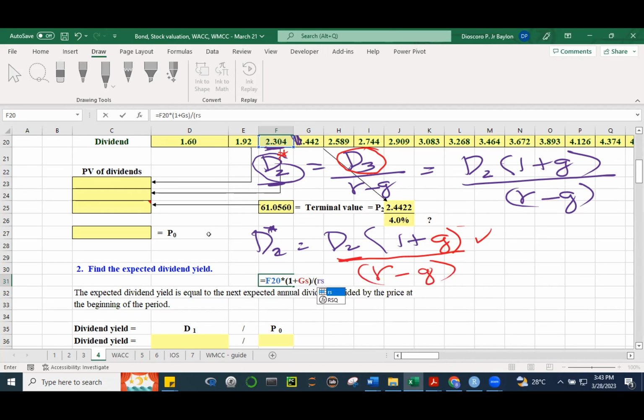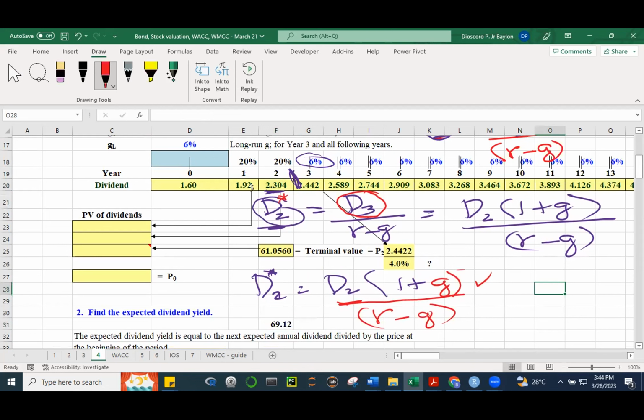R sub S, okay, minus, ano yung G dito? Yung constant growth rate, which is G or GL. Okay? That's your GL. That's your constant growth rate. Okay? Control Enter. So I'm now able to, okay, bakit magkaiba siya? Let me see. F20.